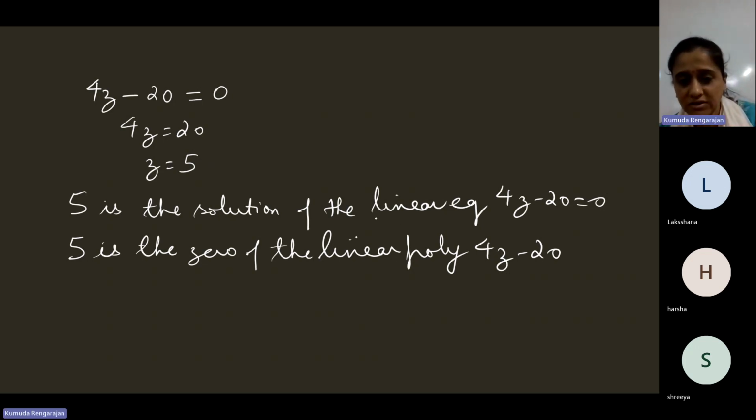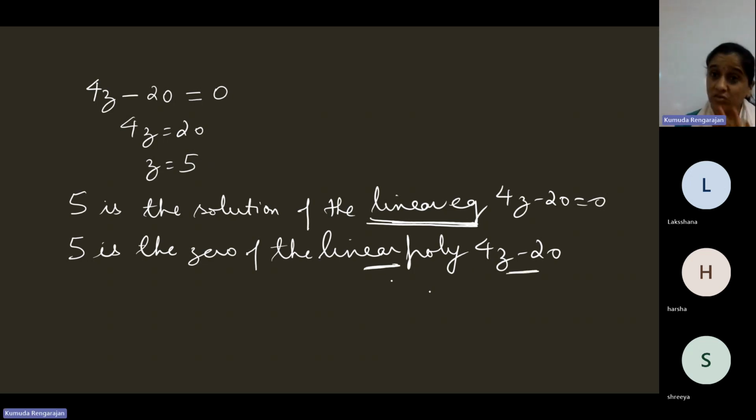See here, I've used the term linear equation, so I have written 4z minus 20 is equal to 0. Equation, no? Here I've called it linear polynomial, 4z minus 20. Equal to 0 is not there. Only an equation will have the equal to sign.